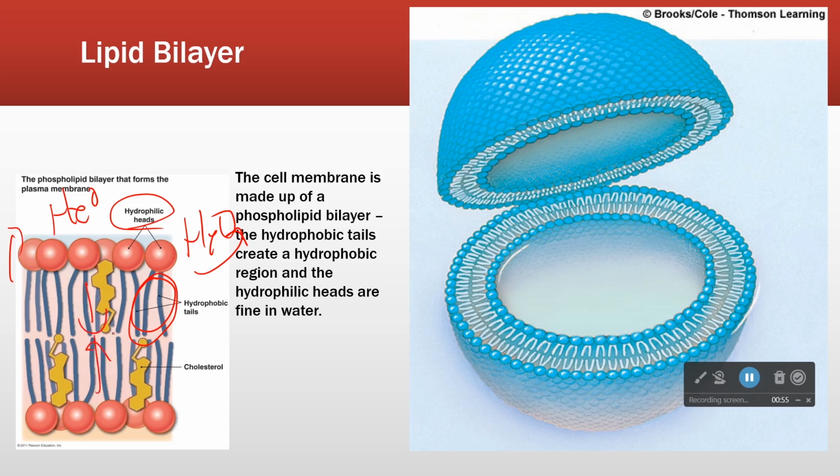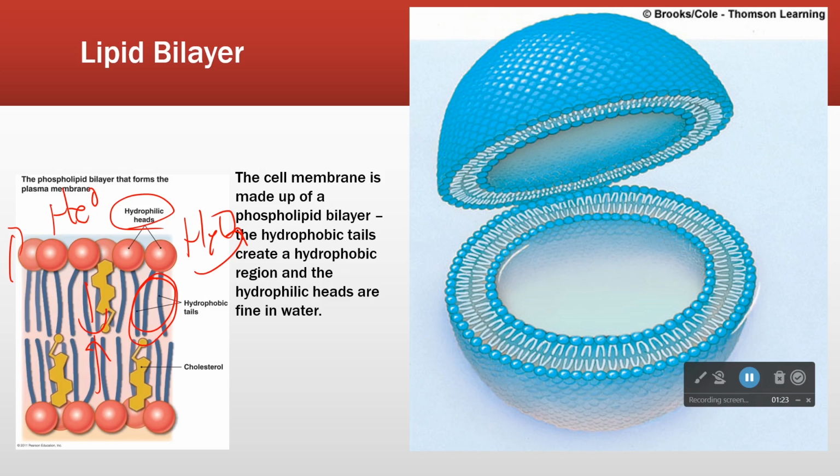sticking towards each other. Now, what makes that important is it gives us a zone of hydrophobic molecules. Now, what's special about that is ions and charged substances won't cross through that region because there's no electronegativity in here, right?